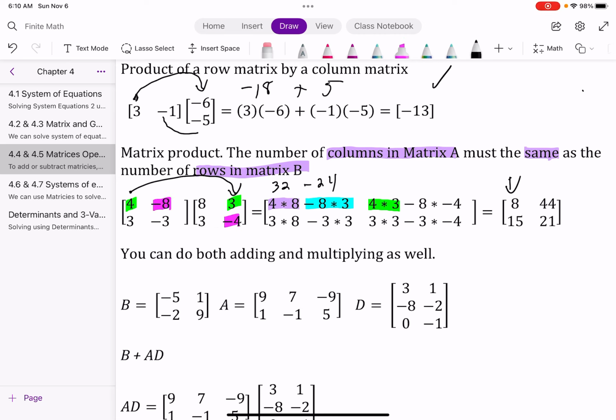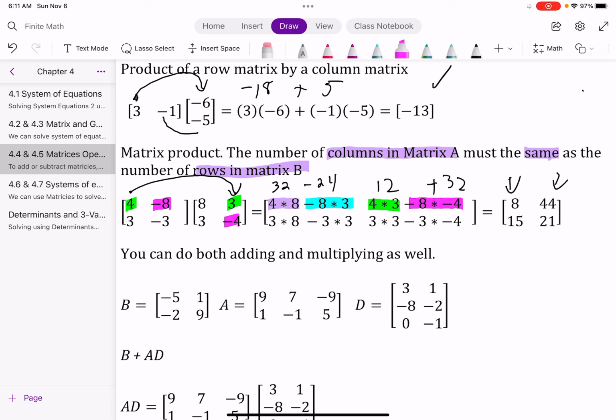Which then gives us our next number. So 4 times 3 is 12. And then negative 8 times negative 4 is negative 32. Sorry, positive 32. Wow, we got a few arithmetic mistakes this morning. And then 12 plus 32 is 44. So let me highlight those numbers so we can see them.